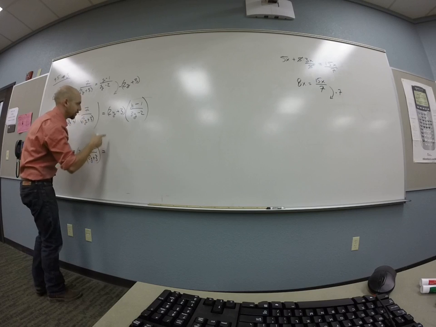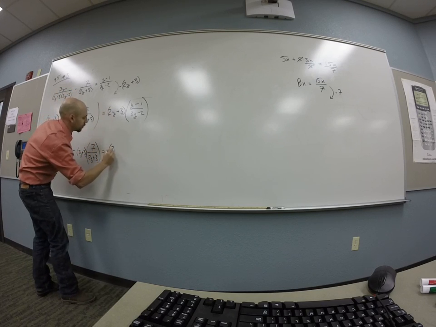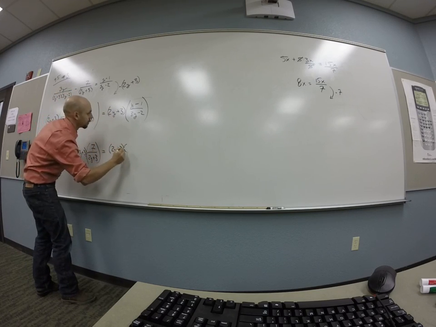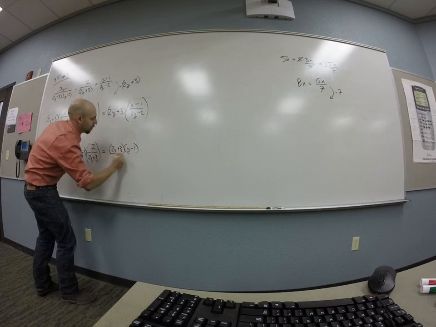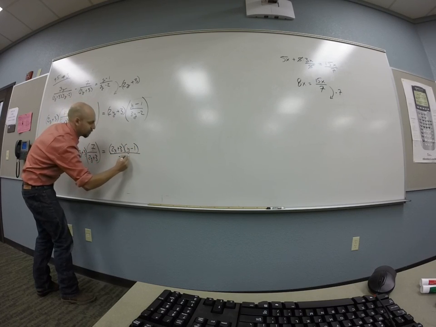And it's going to be equal to this stuff. So there's a 2y plus 3 times a y minus 1 over 3y minus 2.